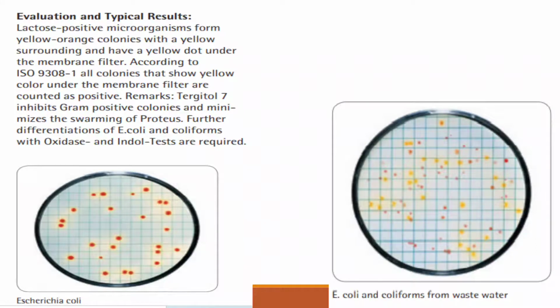Further differentiation of E. coli and coliform is done with the oxidase and indole tests as required. In the slides we can see the red dot with the presence of E. coli, and the second Petri plate shows E. coli and coliform from the water waste, where yellow color dots indicate the presence of coliform bacteria, and those red or bluish color dots show the E. coli content.